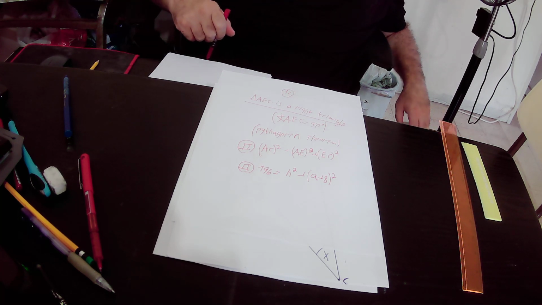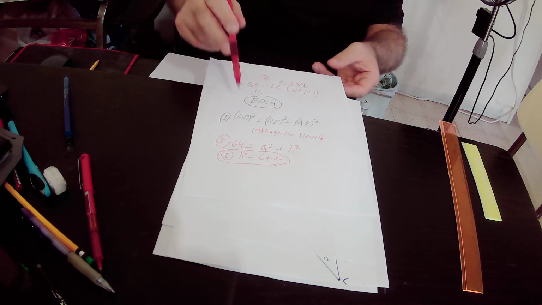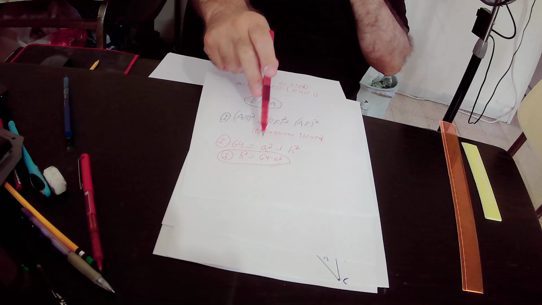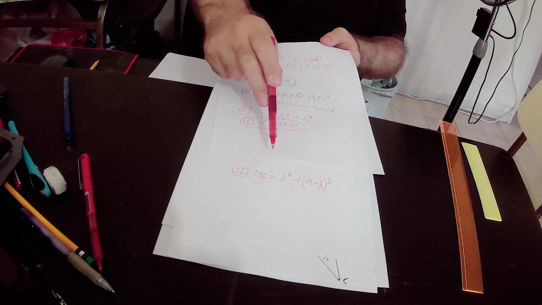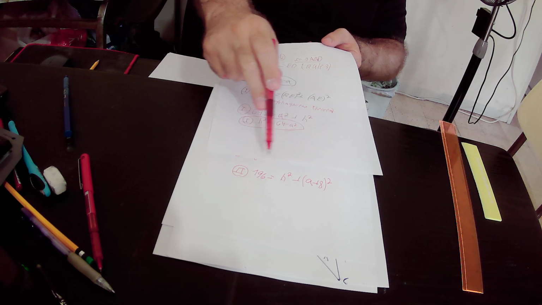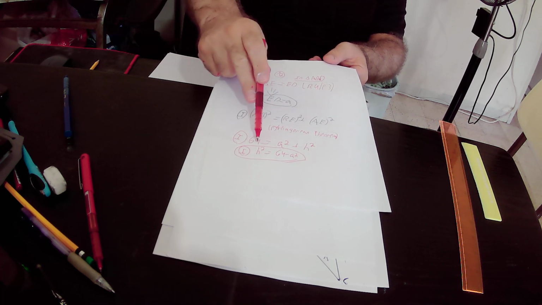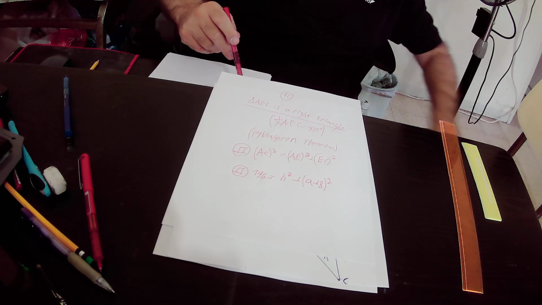But from equation number 1, we know that h square equals 64 minus a square. So we can substitute h square in equation number 2 by 64 minus a square. We will do it now.